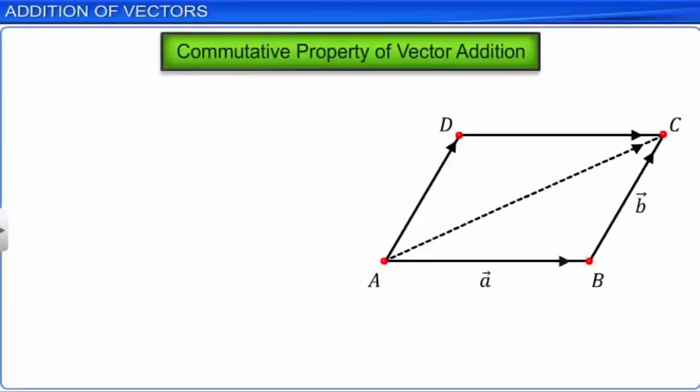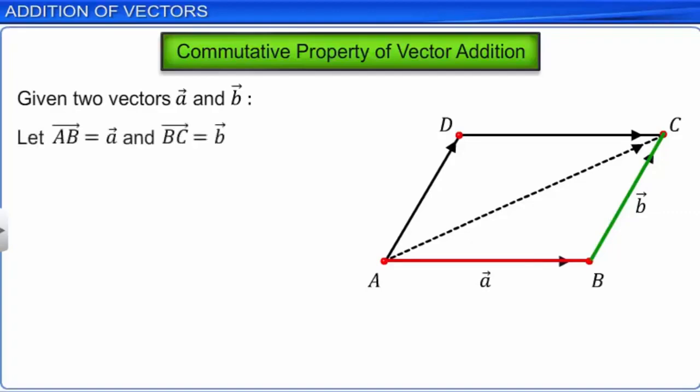Now, let us prove that vector addition is commutative. Let us consider two vectors, A and B. Consider two adjacent sides, AB and BC, of a parallelogram ABCD, representing vectors A and B respectively.